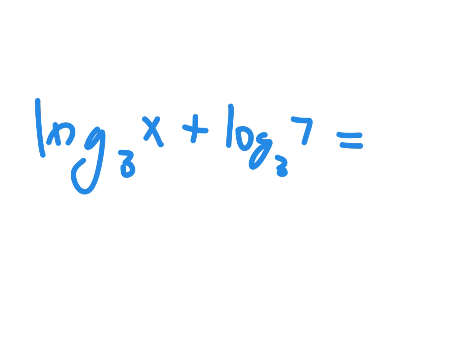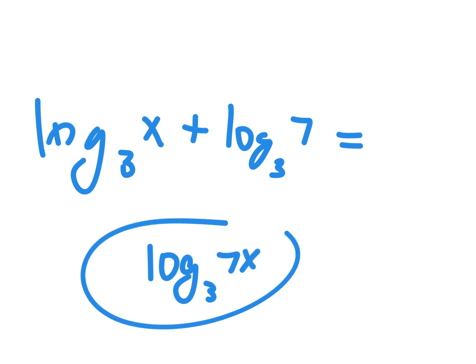How do you combine those together? That's log, they're both base 3. Sorry, I was writing a little fast. Log base 3 of 7x. Raise your hand if you had that one right.